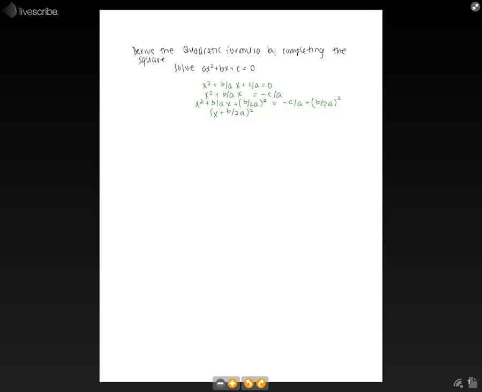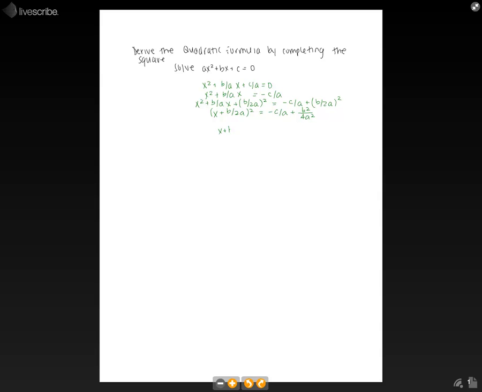If you were to factor that out, you would get the original x squared plus b over a x plus b over 2a squared. That's going to equal our negative c over a plus, now if we square this, b squared over 4a squared.